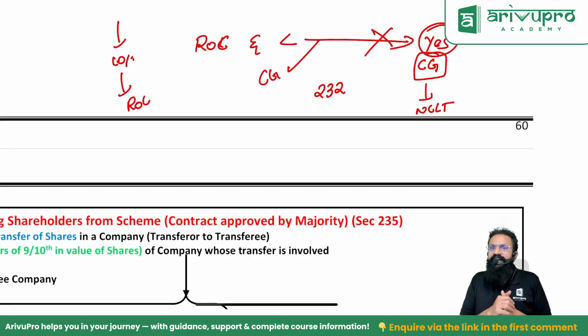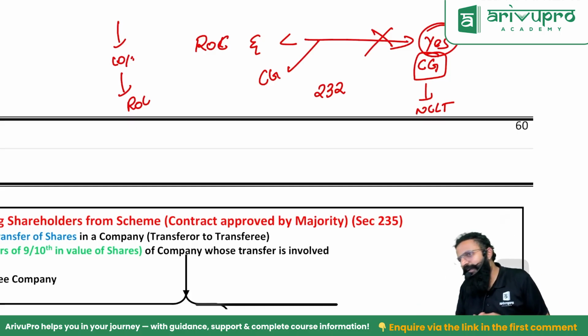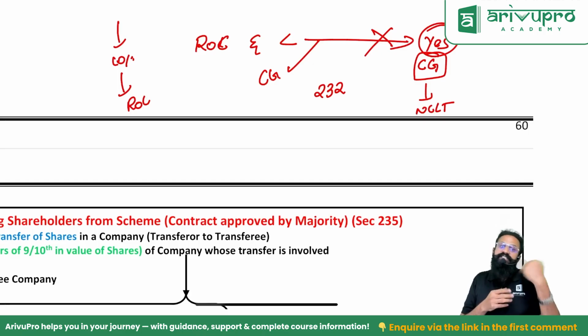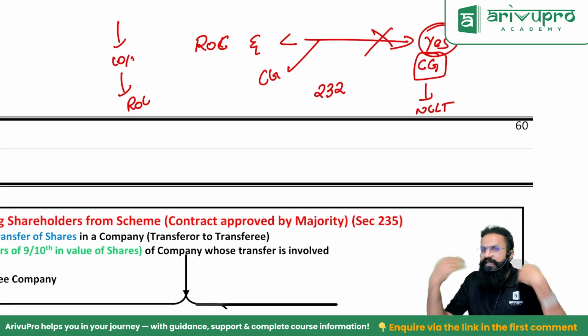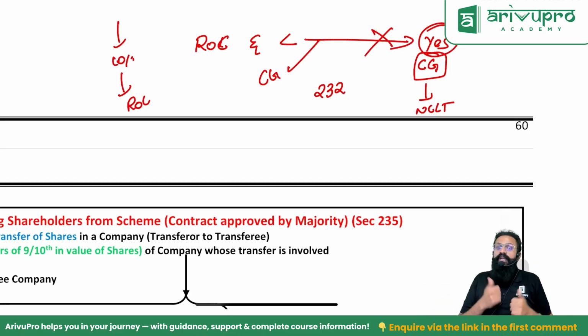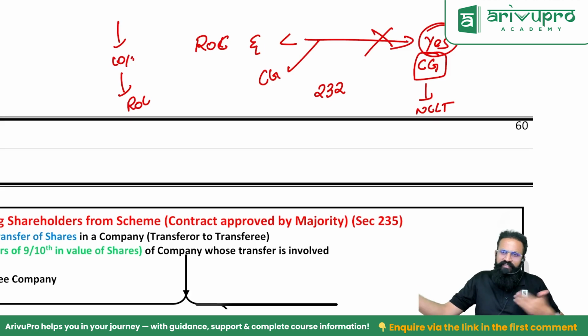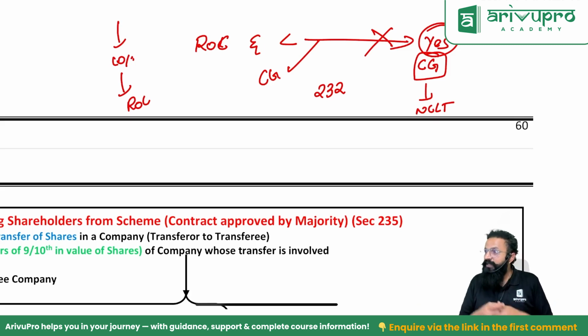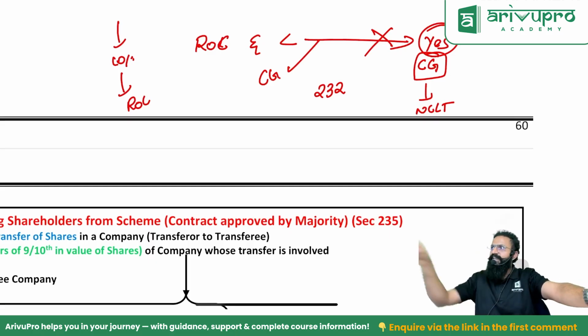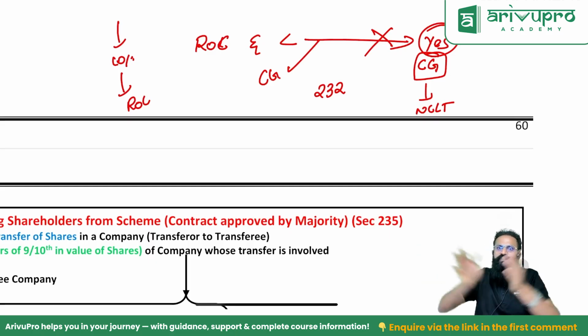After considering that, we will call for a general meeting. In the general meeting, I will take up the matter and call my shareholders. If I have creditors as well as shareholders, I need to get 9/10 from each. If I get approval, such approved scheme will be filed by the company with ROC and liquidator. Simultaneously, I will also file with central government for approval.